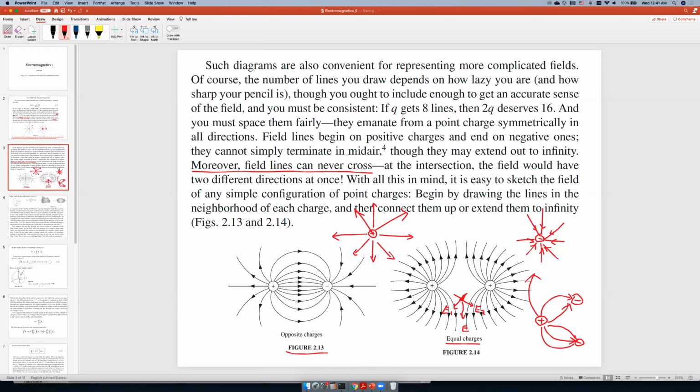All the field lines come from the positive charge and go to the negative charge, or go to infinity, and it should look something like this.